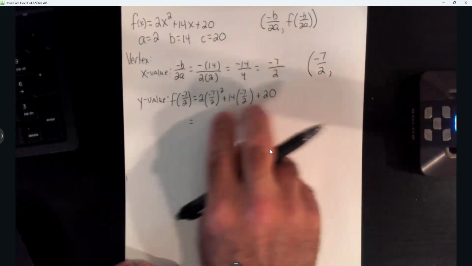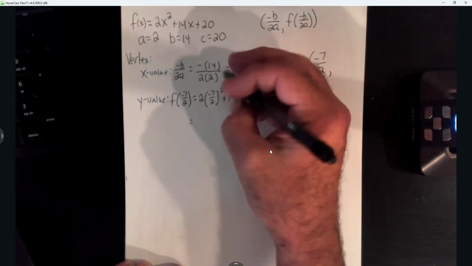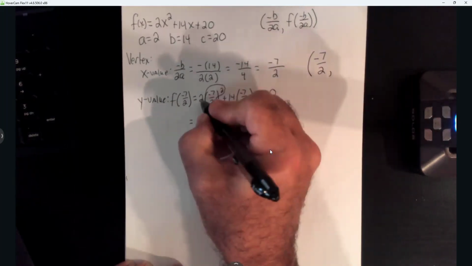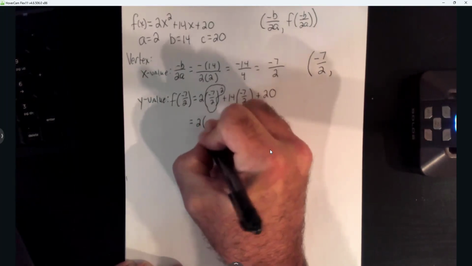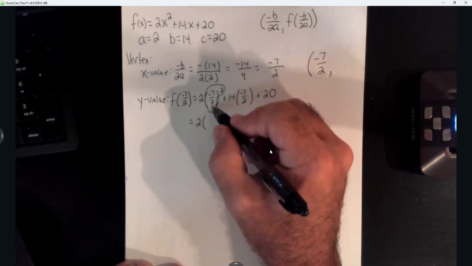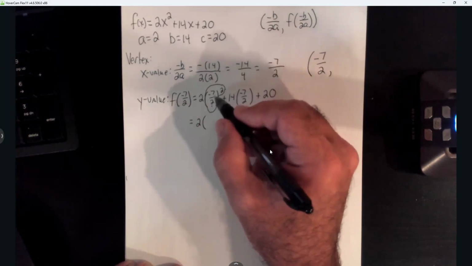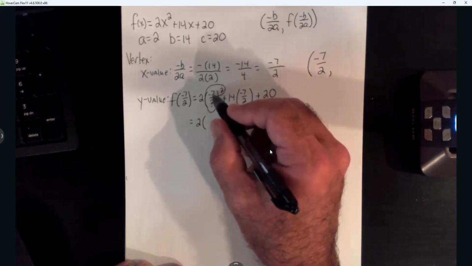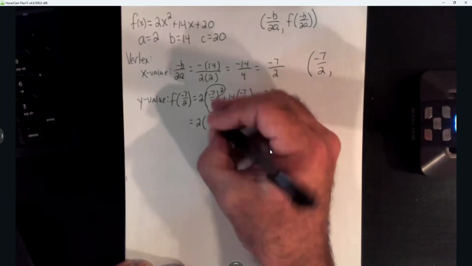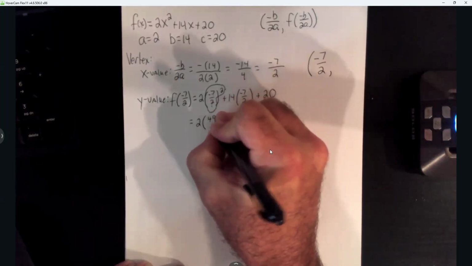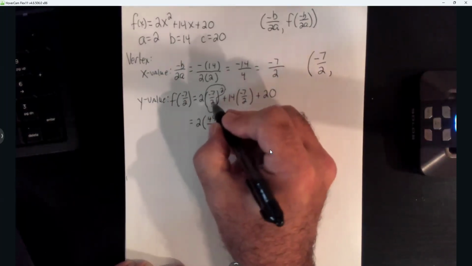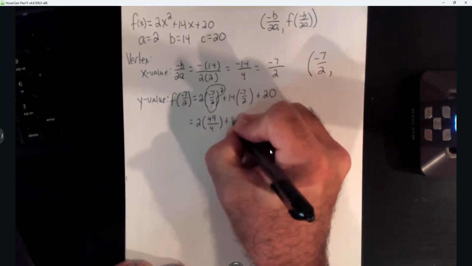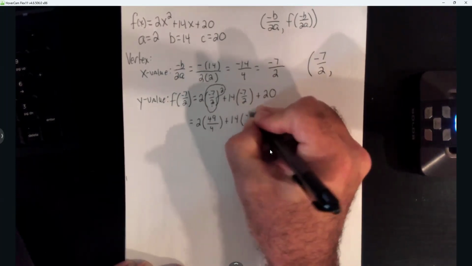So if you're doing this thing by hand, your first step is this exponent here. So bring down that 2. So you got a negative 7 halves being squared. So you got to square the top and square the bottom. So negative 7 times negative 7 gives you a 49. On bottom, 2 times 2 is 4. All right, then I'm just bringing everything else down.